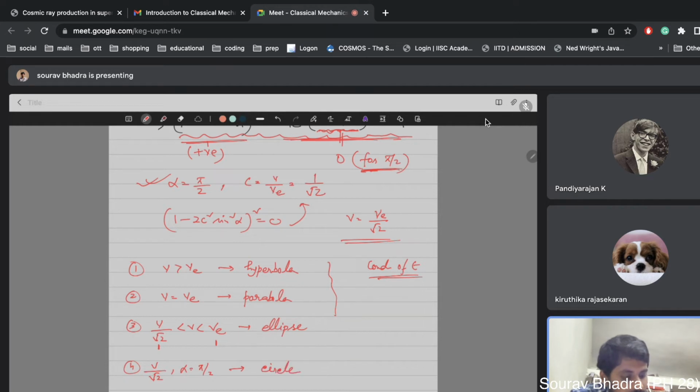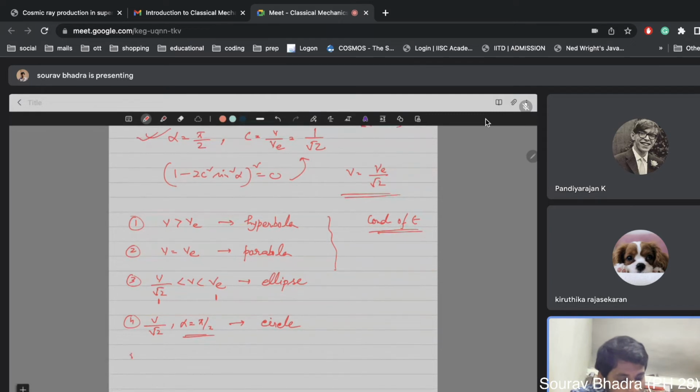So you can see that the angle comes into the picture only when we need to get a circular orbit, that is alpha equals pi by 2. And if you throw it at a velocity less than ve by root 2 but greater than 0, of course, that will also give you an elliptical orbit.